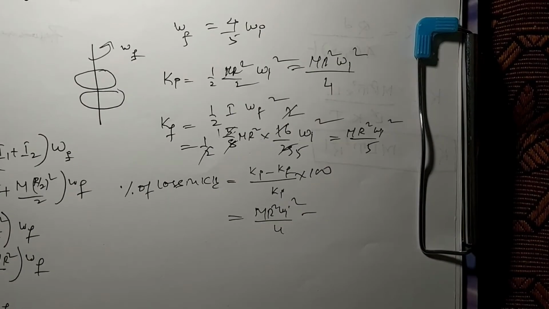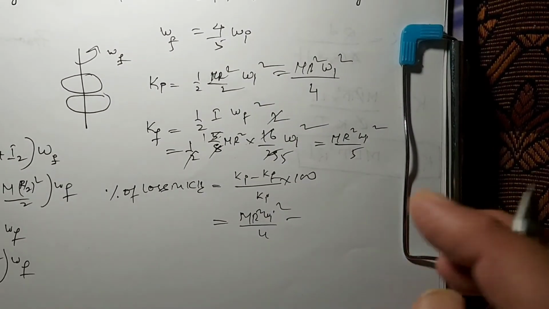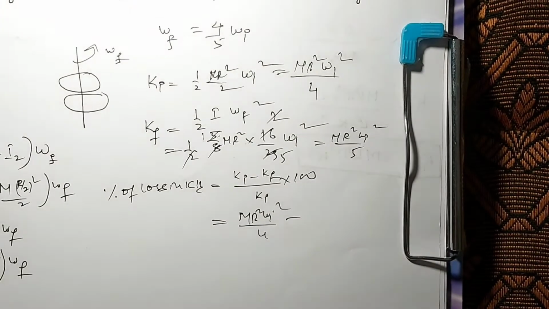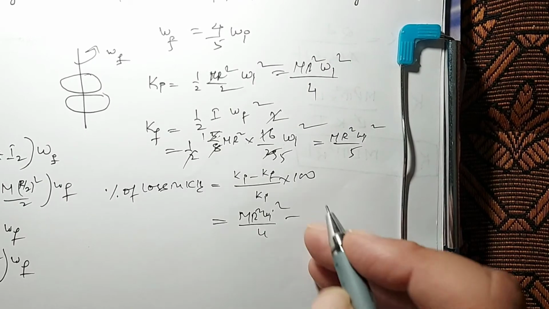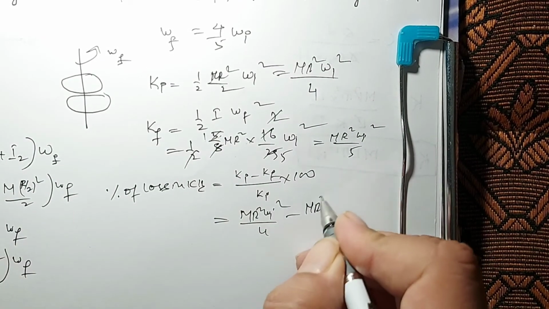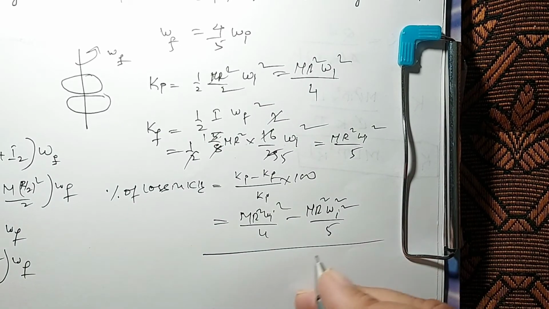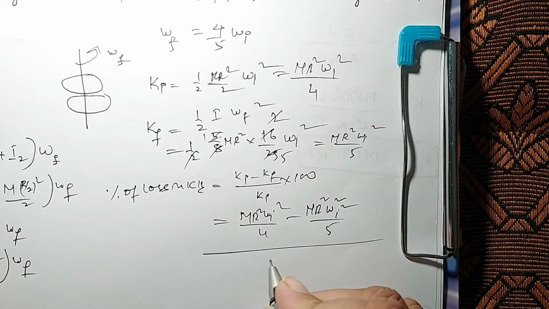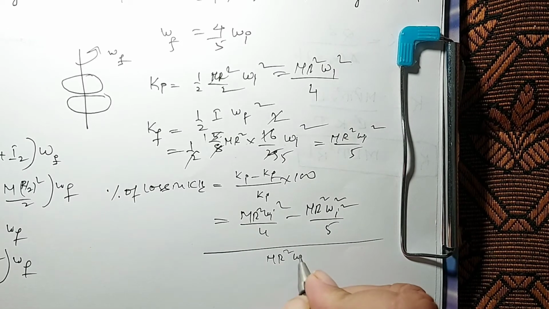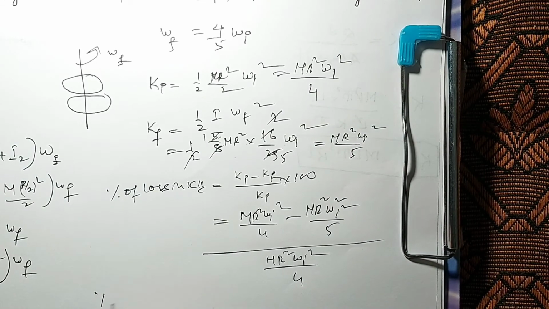What is the final kinetic energy here? Final kinetic energy is equal to mr square omega initial square divided by 5. K initial is equal to how much? mr square omega initial square by 4.